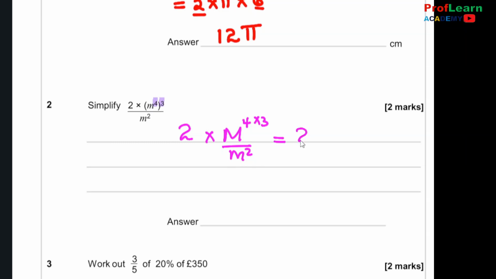This reduces to 2 times m to the power 12 over m to the power 2. Because it's a division, we subtract the powers: m to the 12 minus 2, and this translates to 2m to the power 10.